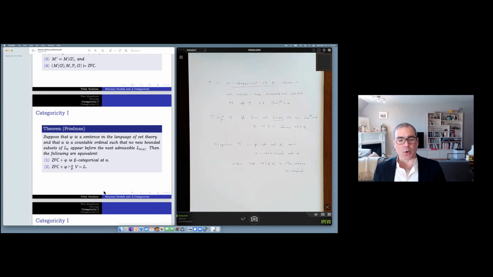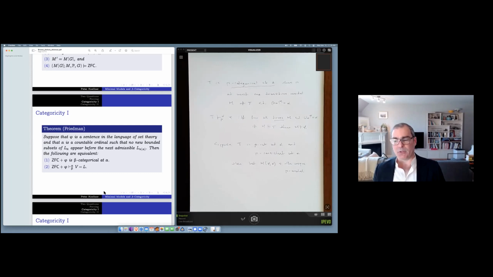And really the way the proof works is you assume that ZFC plus phi implies V doesn't equal L. And since that, there's a set of ordinals that is not in L. And then what you do is over the next admissible, you know that that set doesn't appear before the next admissible.